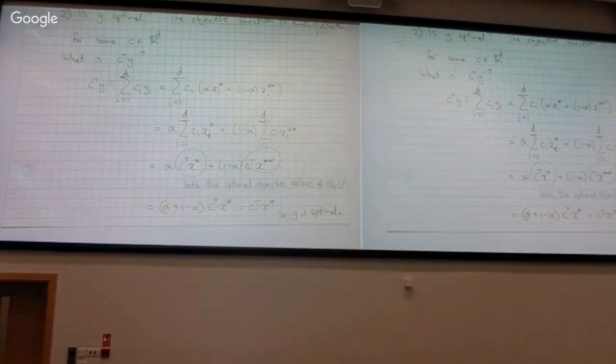And to show that it's optimal, you plug it into the objective function and see that you get the same value as you did for the x's. And the rest is just, there's no deep idea there. Any questions?